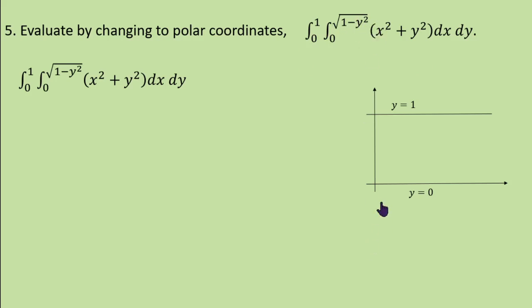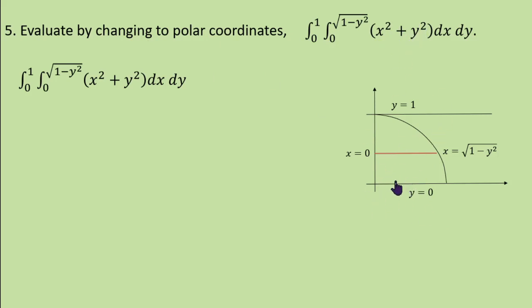Clearly, it is a circle with center at 0, 0 and radius 1, and hence the lower limit of x is 0, upper limit of x is root 1 minus y square, means a part of the circle x square plus y square equal to 1 in the first quadrant. So, in this area you are going to evaluate the integral of x square plus y square.